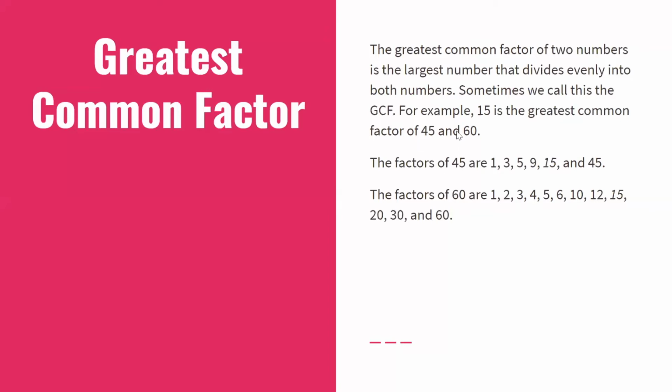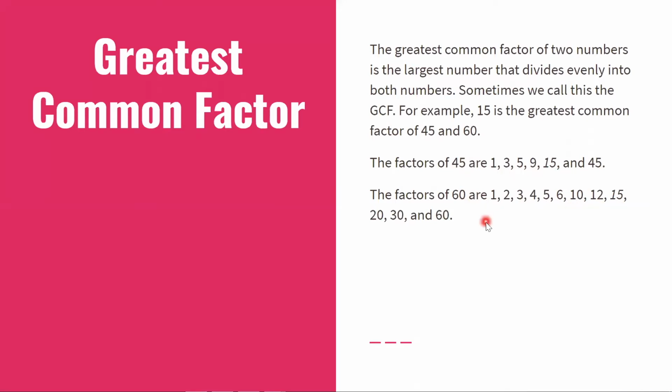So for example, if you're looking at the numbers 45 and 60, and you want to find the greatest common factor, first you need to list the factors of both 45 and 60. So for 45, your factors are 1 times 45, 3 times 15, and 5 times 9. And your factors of 60 are 1 times 60, 2 times 30, 3 times 20, 4 times 15, 5 times 12, and 6 times 10.